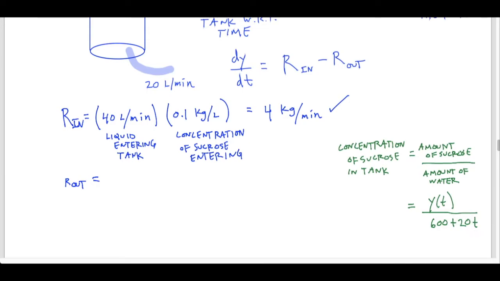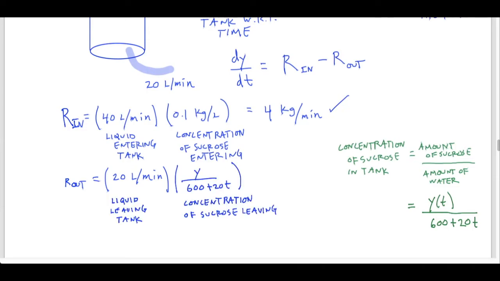The structure of our R sub out calculation will now be the same as the structure of our R sub in calculation. I'll take the rate at which liquid is exiting the tank, and I'll multiply that by the concentration of sucrose in the liquid leaving the tank. This second quantity, the concentration, is exactly the quantity that I just calculated over here in the margin in green.